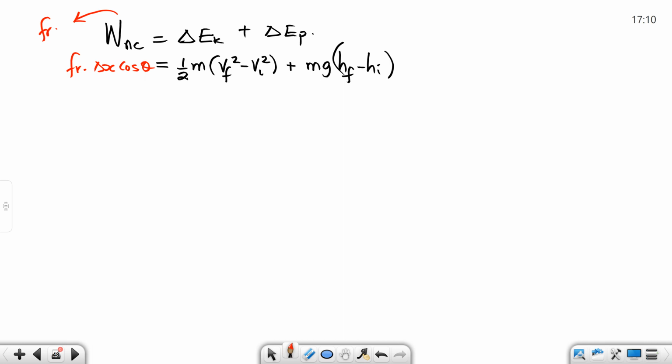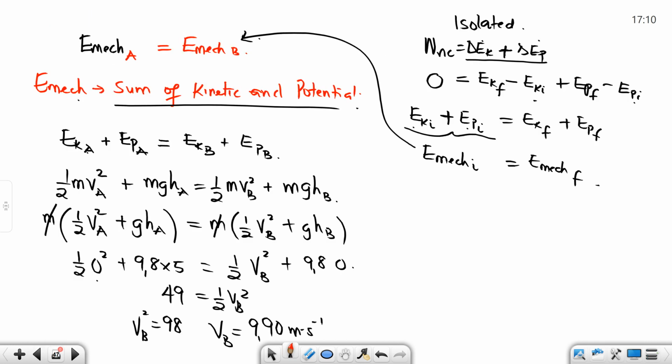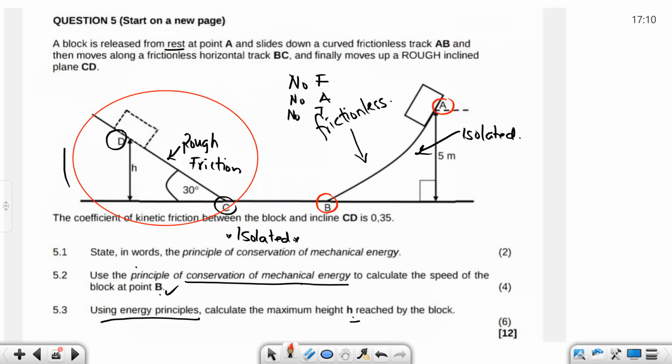No. It is 180 all the time. Let's go back to our question. Do we know friction? Okay, Bibi, what's your friction? We don't know friction. What we know is the coefficient of kinetic friction. Now, please be careful here.